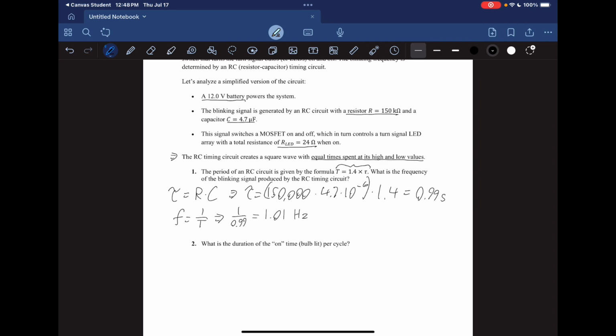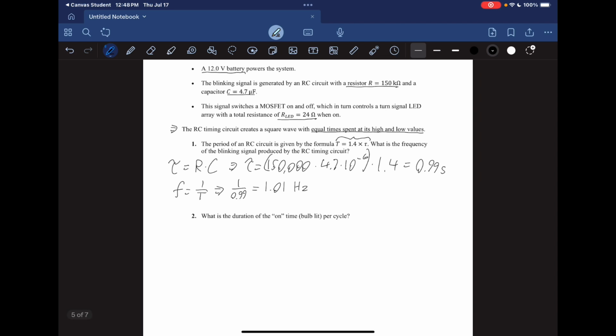That essentially means that it has an equal amount of time spent on as it does off. So we know that the period is the time of the whole cycle, or how long it takes for a cycle to complete.